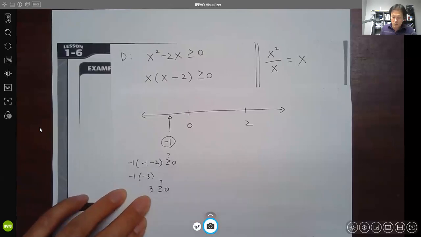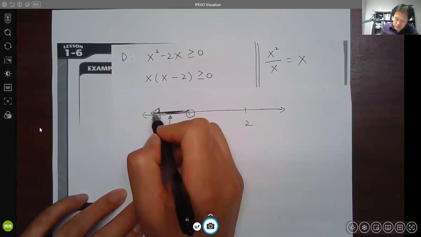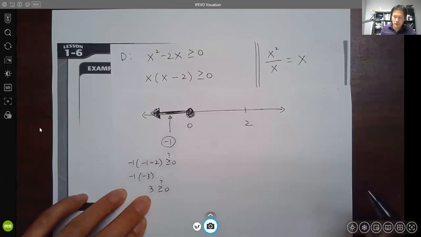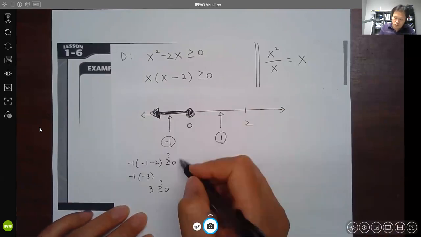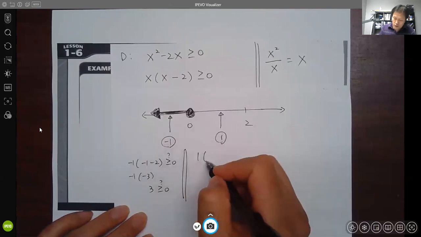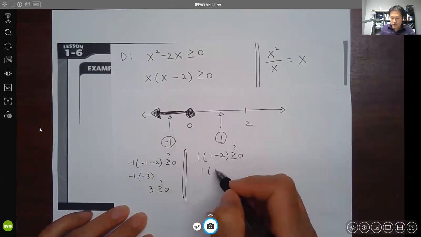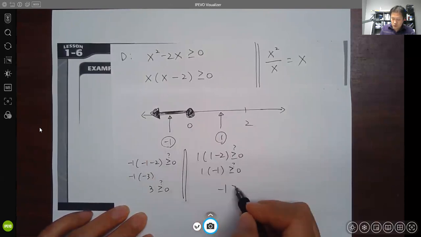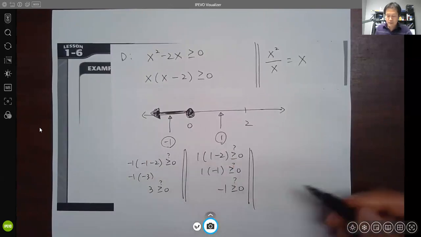Yes, it does satisfy. So you are taking this portion, and with the equal sign, you have to use a solid dot. You pick a sample number here, such as 1, plug in 1 for x, and check it. Is that greater than or equal to 0? 1 times minus 1, minus 1, greater than or equal to 0? No, you're not taking that.